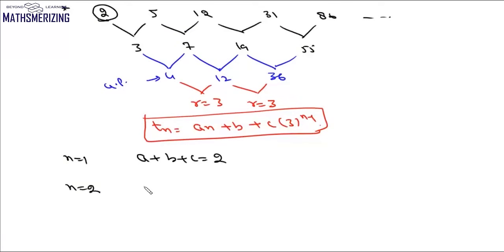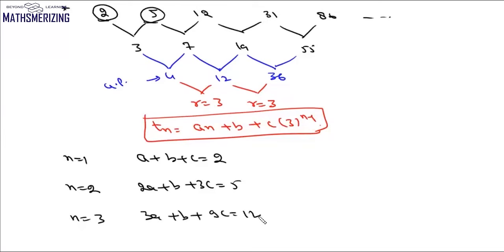For n equals 2, it will be 2A plus B plus 3C, and that is the second term 5. And if we put n as 3, we'll get 3A plus B plus 9C, and it will be 12.